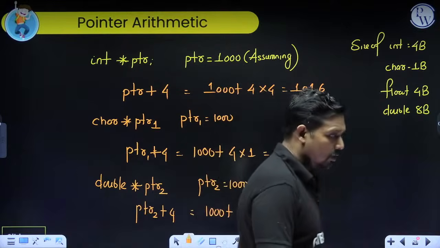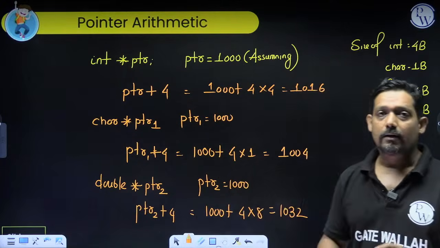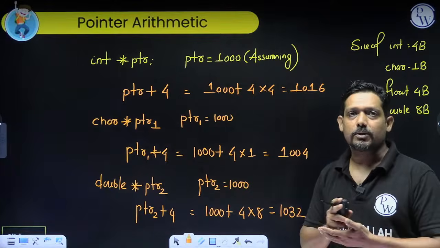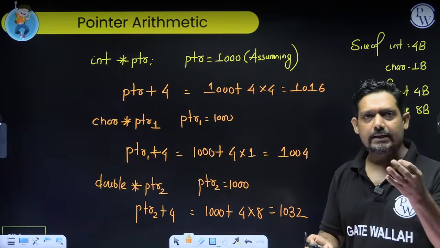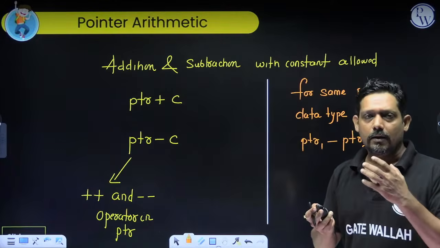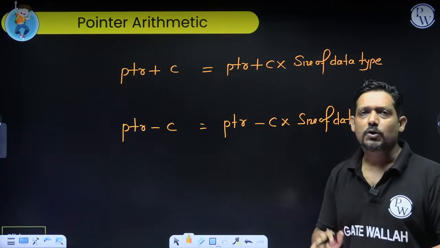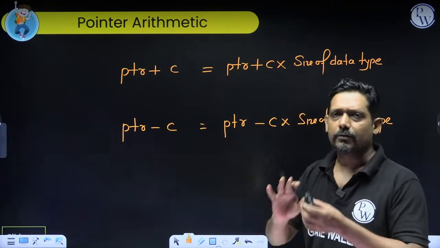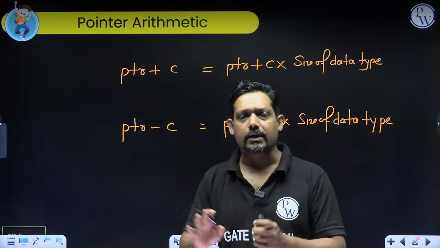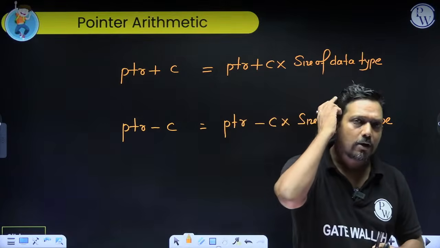So understand that in pointer arithmetic we have a certain rule of addition and subtraction which is not similar to the standard arithmetic operation.